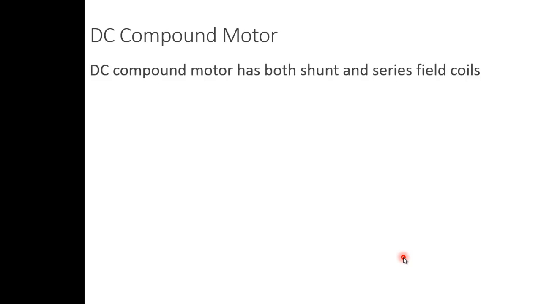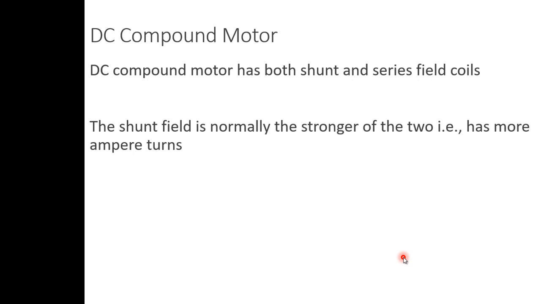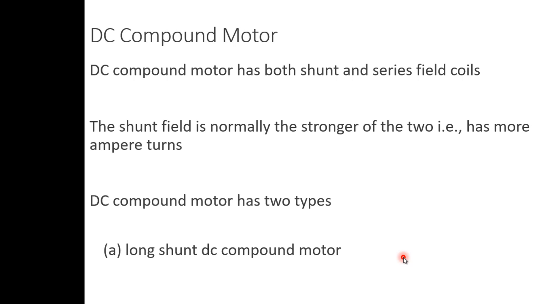The next motor is the DC compound motor. A DC compound motor is a combination of both shunt and series field coils. The shunt field is normally the stronger of the two, that is, it has more ampere turns. DC compound motor has two types. The first is the long shunt DC compound motor and the second is the short shunt DC compound motor.